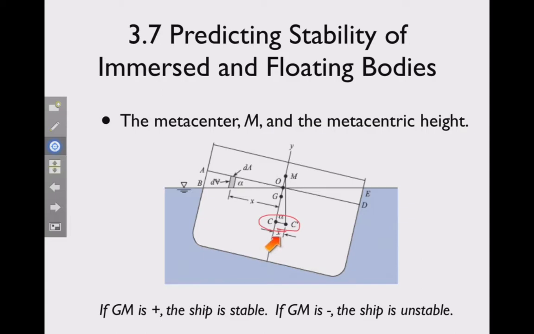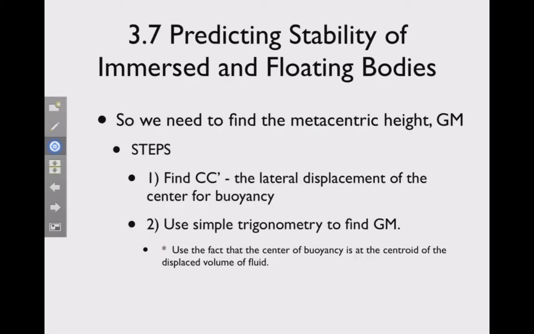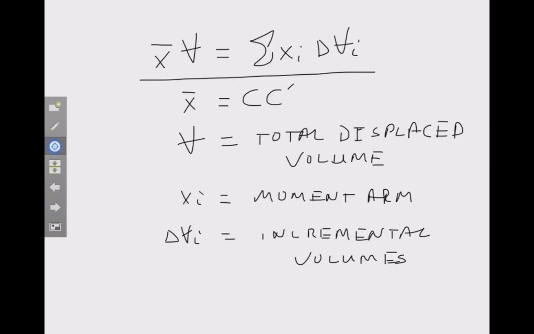And again, x bar is equal to C prime, and that's what we're trying to find. So we're basically calculating the downward torque here and the upward torque here, righting the ship. So let's proceed and do this.